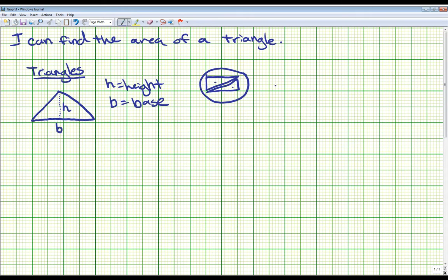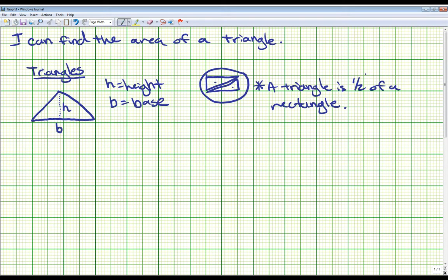So a triangle is really half of a rectangle. So that's something to note on the side. A triangle is 1/2 of a rectangle. My drawing isn't the best up here. However, you can kind of see how those two pieces together make one whole rectangle.